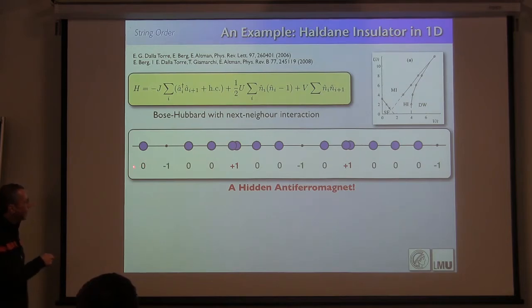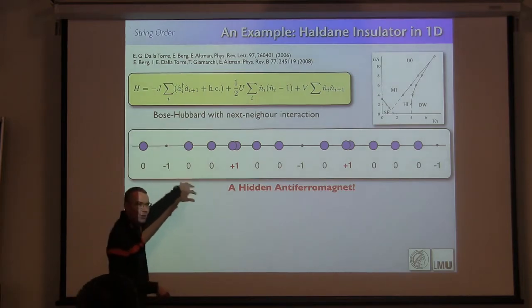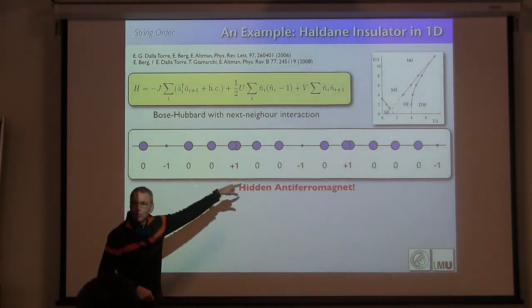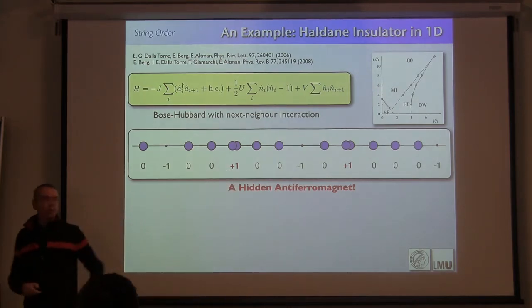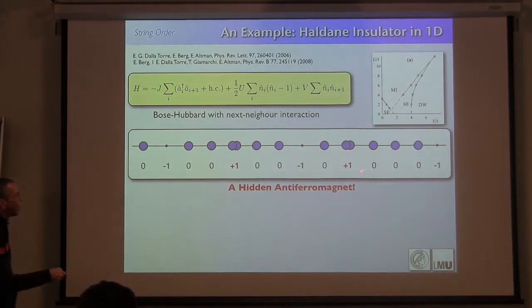And in the Haldane chain, the order would look precisely like this hidden antiferromagnet we've seen in the spin-1/2 chain. So you have these random zeros between these plus and minus ones. So again, if you squeeze out the zeros, you see -1 is followed by +1, by -1, by +1, by -1. But in order to reveal these correlations, you have to know how many zeros there are in between to predict what the next one is going to be.